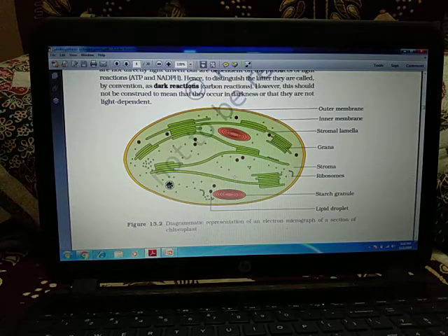In the matrix or the stroma are embedded a number of flattened membranous sacs called thylakoids. These flat structures are embedded and are called thylakoids or lamellae. Membranes of thylakoids are also called Fret membranes.